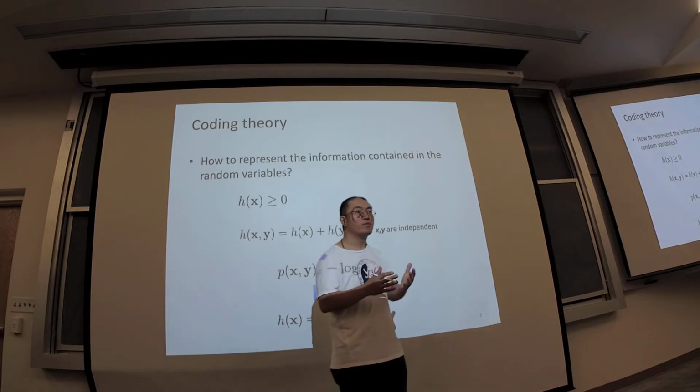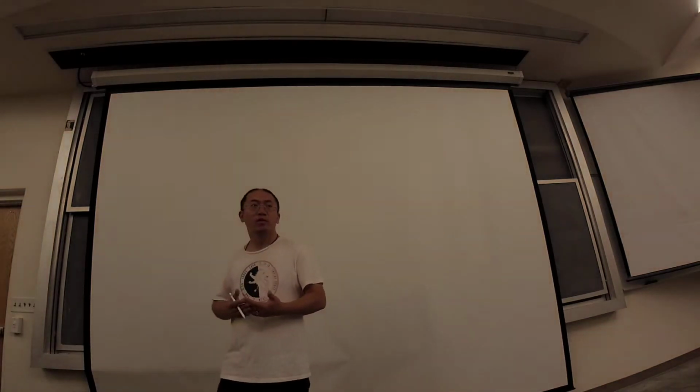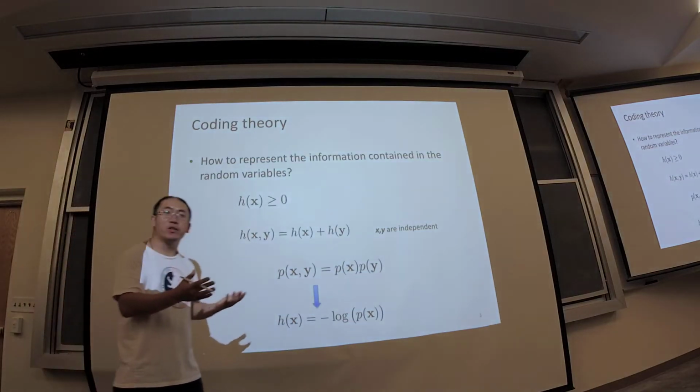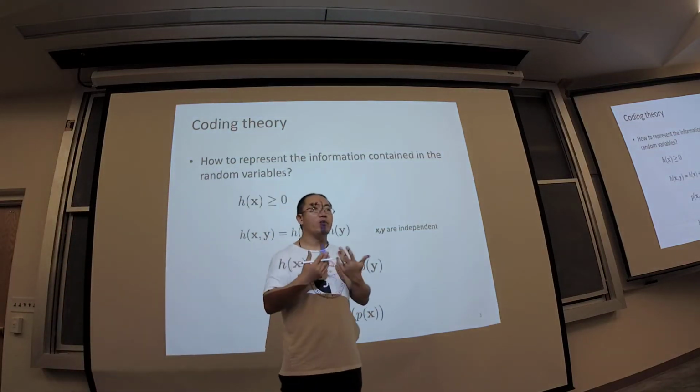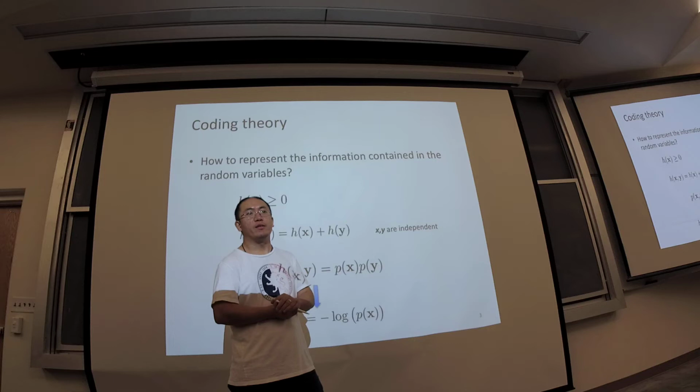I am going to ask you to design a measure. So forget about your memories of what entropy is, what else. I want you to define a function which can measure the information a random variable contains.